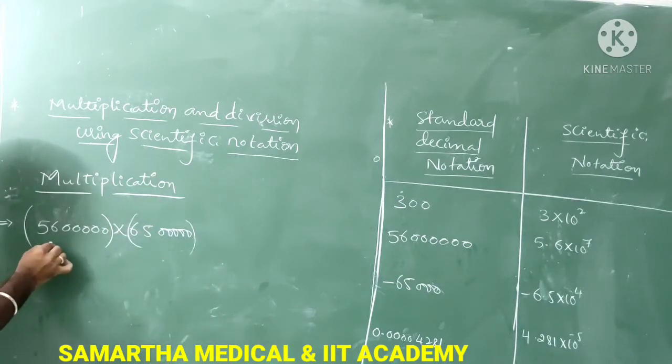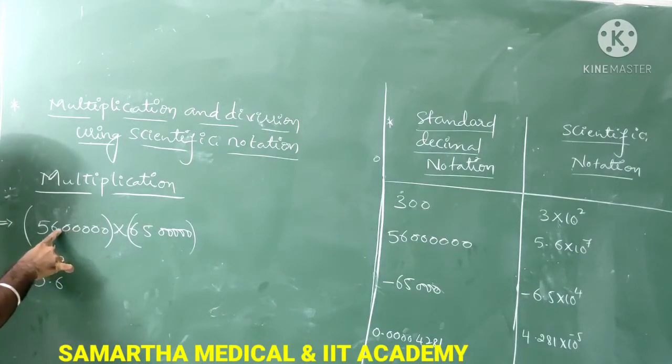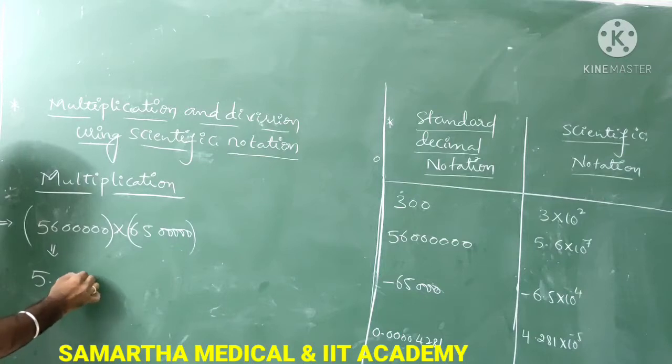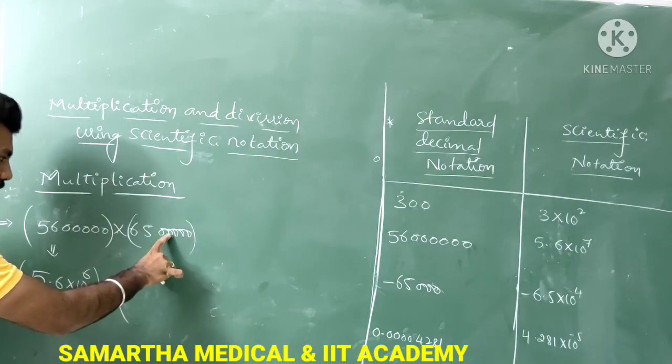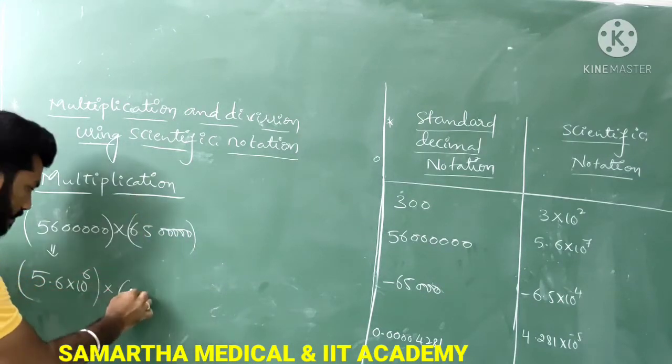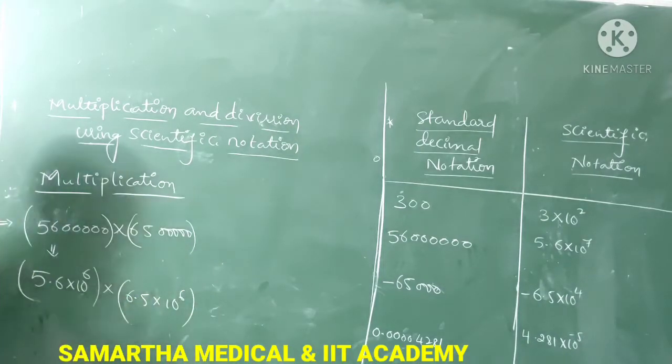For this particular value, 5.6, 1, 2, 3, 4, 5, 6, so I take 10 to the power of 6, into 6.5 into 10 to the power of 6.